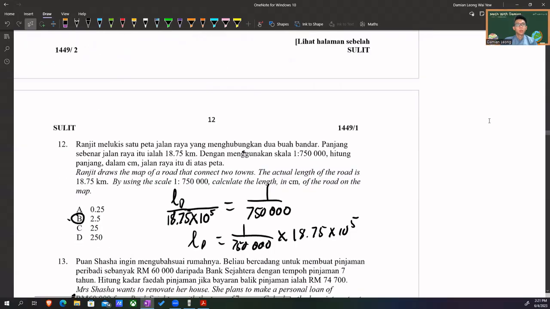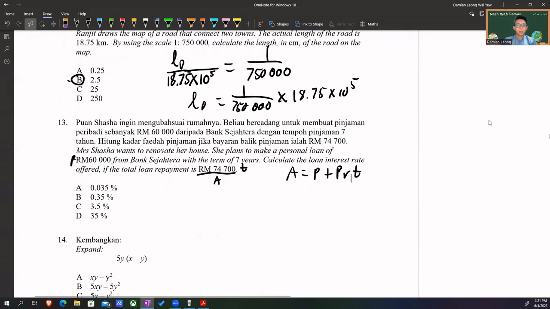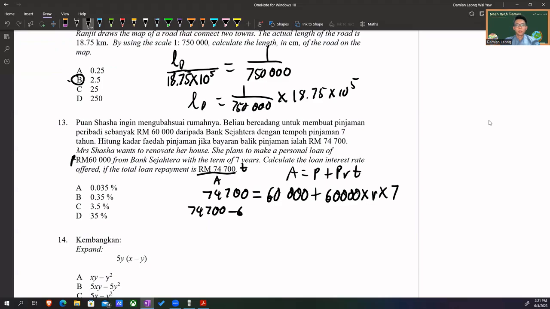Okay. So come back to this. 74,700 equals principal 60,000 plus principal 60,000 times interest rate R times time 7 years. So bring over the 60,000, plus becomes minus. 60,000 times 7 is 420,000 R. So 14,700.